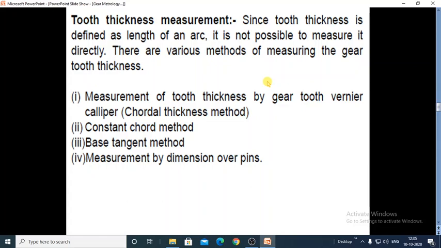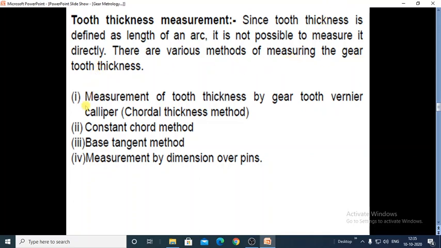As we know the tooth thickness definition, when we measure the thickness of the tooth along the pitch circle, then it is called the tooth thickness, but it is not possible to measure it directly.